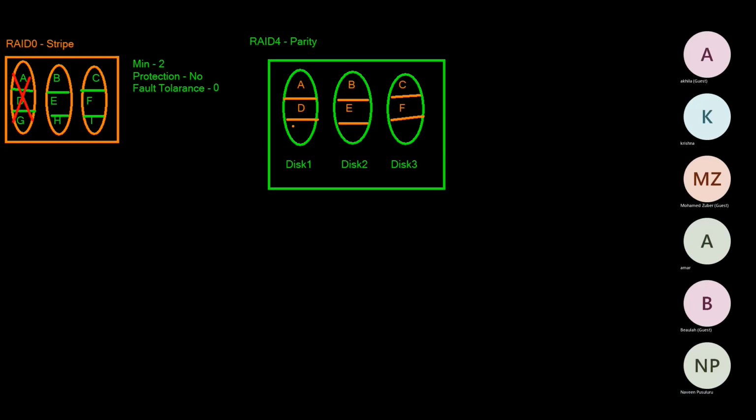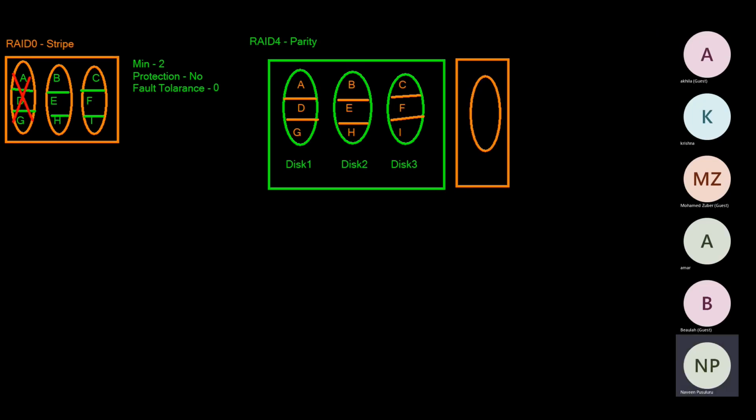Along with these data drives, it will have another thing called parity. Here I'm taking just a 4 disk example. We'll call it parity.